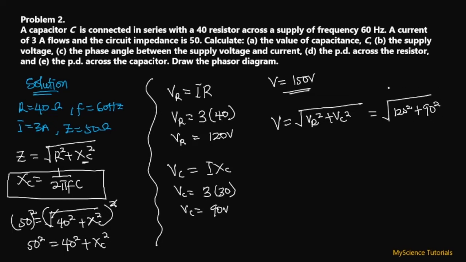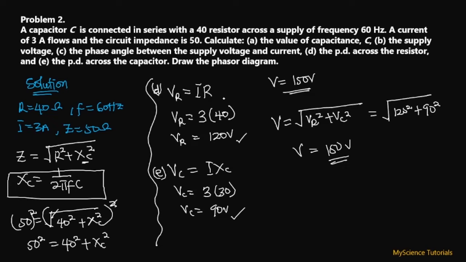Let's compute this in our calculators and see whether we get V equal to 150 volts. If we get 150, it means this is correct. Computing it, we get 150, which means our potential difference across the resistor VR and our VC are also correct. Now this is D and this is E.